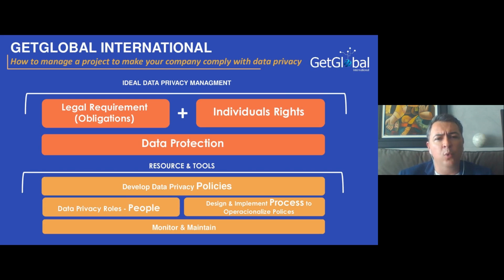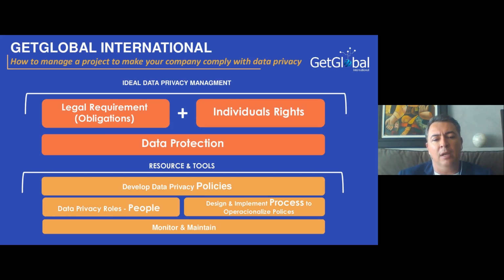What procedure would we have to follow to comply, to respect these individuals' rights? So those procedures are pretty much the procedures that people will have to follow to make the company comply with the legal obligations, to respect individuals' rights, or even to keep a very strong data protection program in place.